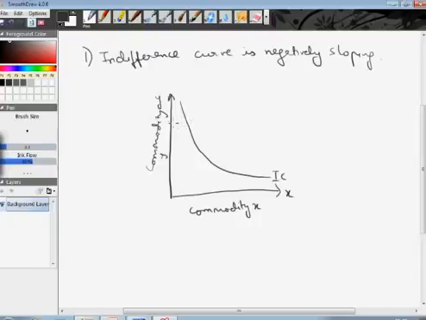See why the indifference curve is negatively sloping. It's because there is an inverse relationship between the units of commodity X and the units of commodity Y used.